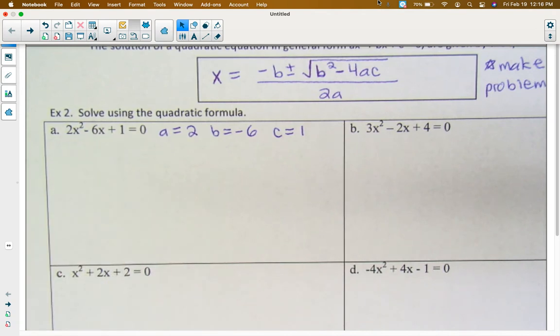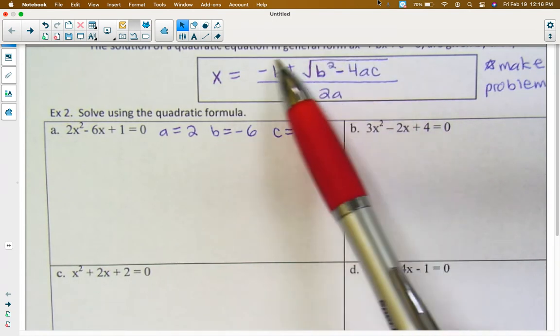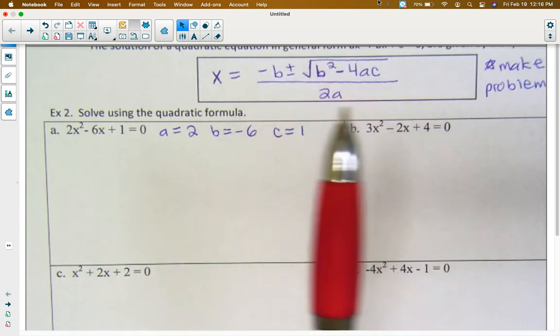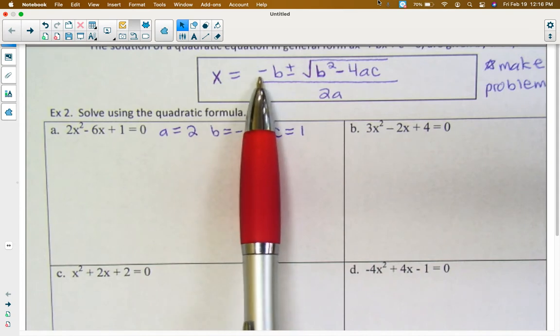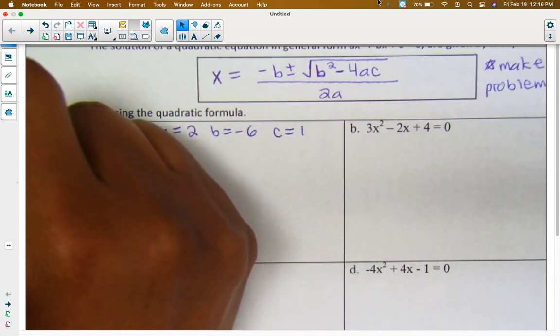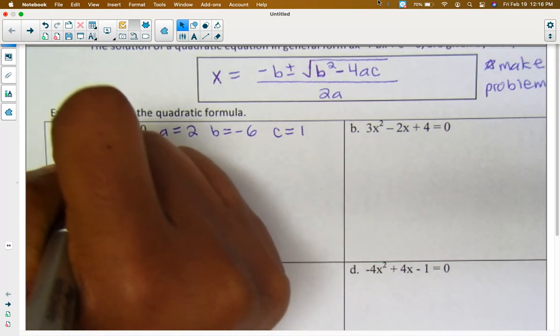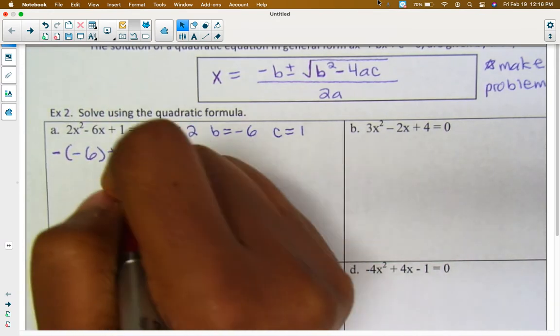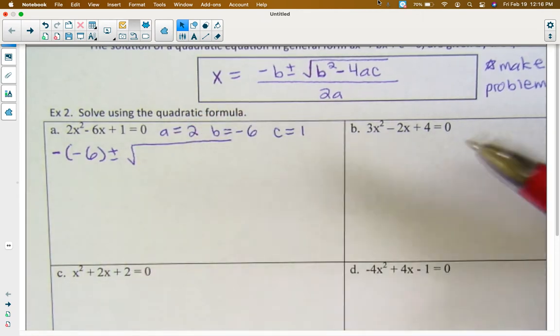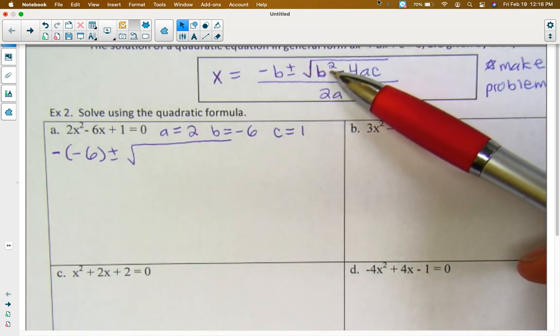From here, we're going to take these numbers and put them in the quadratic formula. This is the quadratic formula. There's a negative already here, so I'm going to keep that. Plug in b, plus or minus. It says to do b squared up here in my formula.